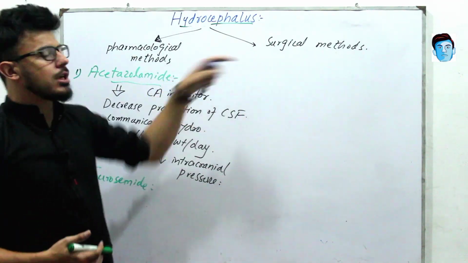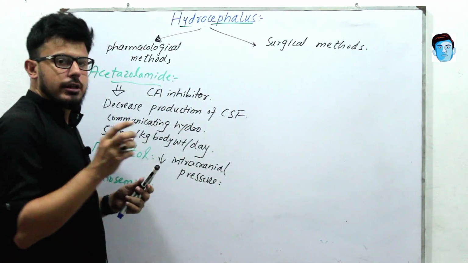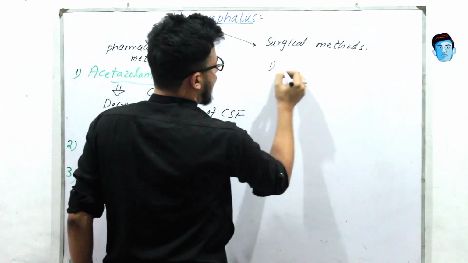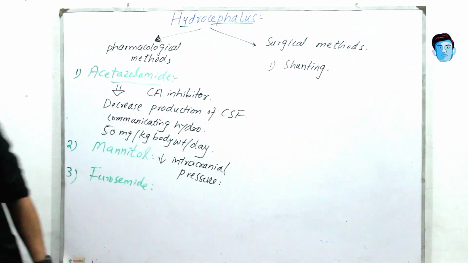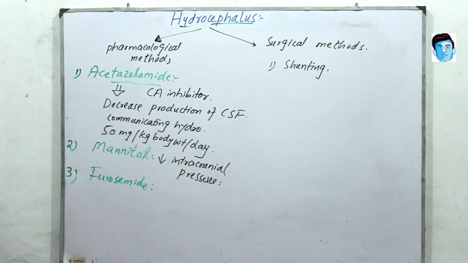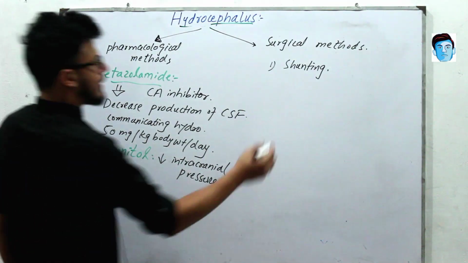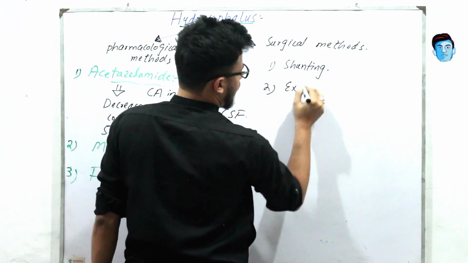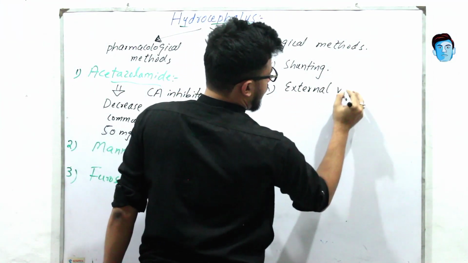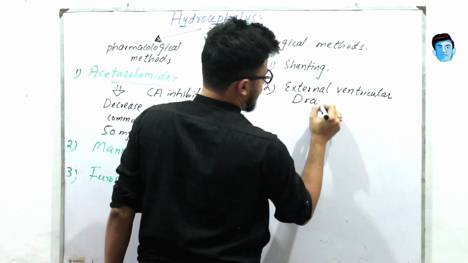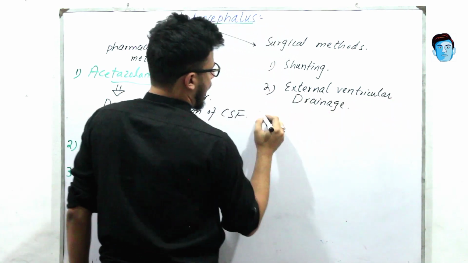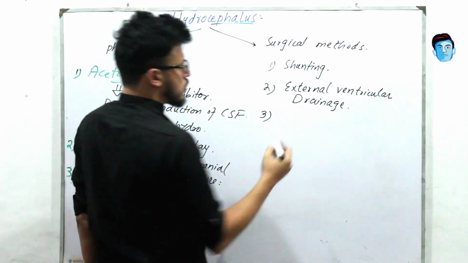Now let's talk about the surgical methods. There are three options available. The first is called shunting, the second option is external ventricular drainage, and the third is ventriculostomy.